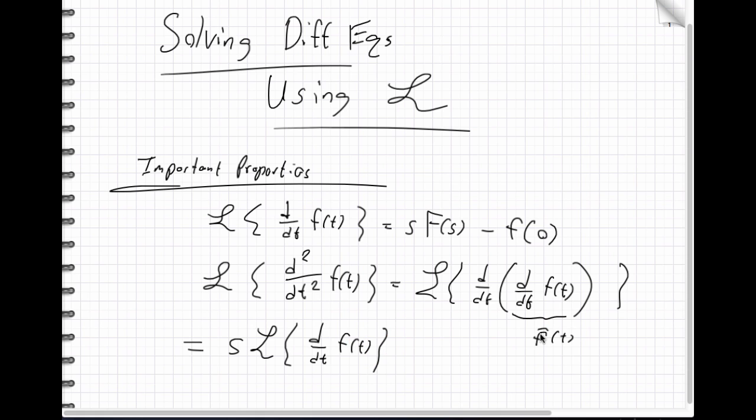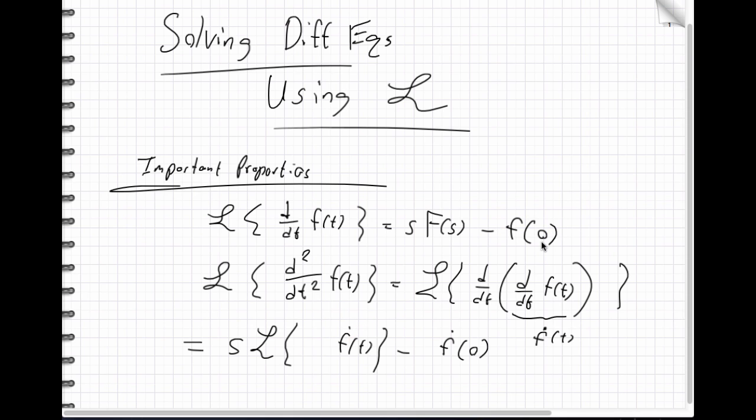Because d dt of f of t is f dot, it's s times the Laplace transform of f dot of t, minus f dot naught. If you follow this but replace f with f dot, I get s times the Laplace transform of f dot minus f dot of 0.